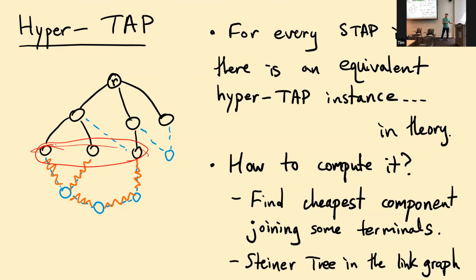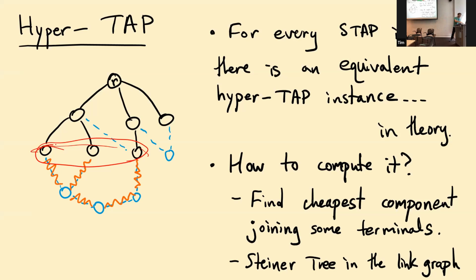So this is essentially still a Steiner tree problem on the graph, which only uses links. The costs are the links, and I'm looking to join up those terminals. But Steiner tree isn't exactly solvable, so you would need to use an approximation, which is kind of a hurdle if you're trying to reduce to hypertap.